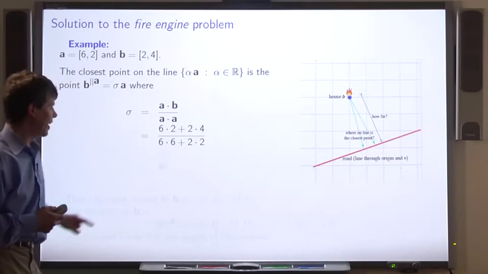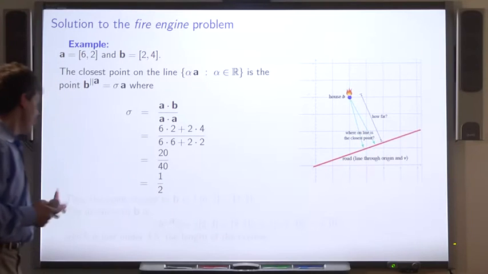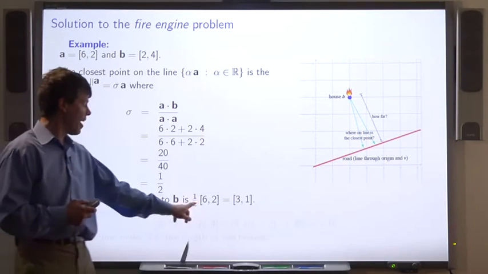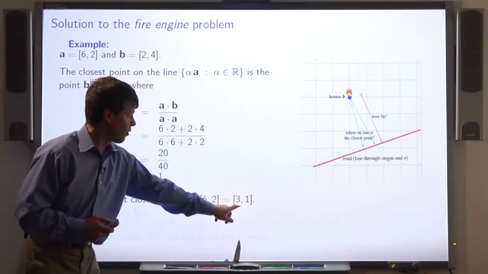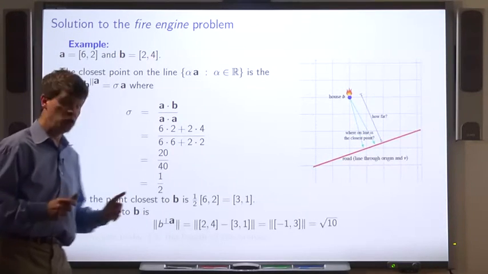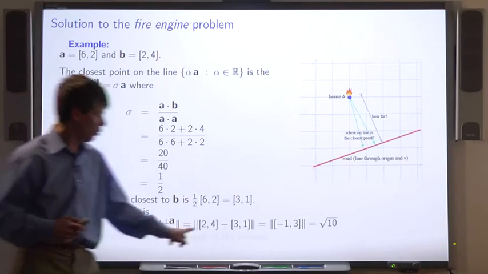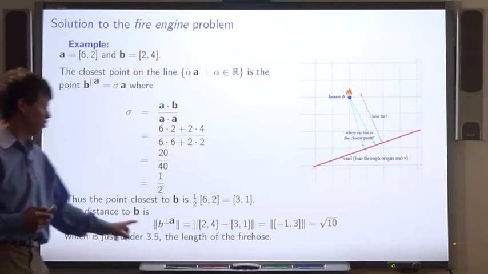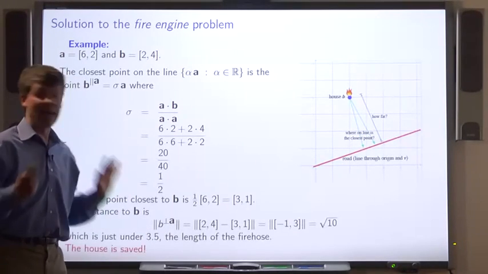We calculate that. It turns out to be 1/2. Therefore, the point closest to B is 1/2 times the vector A, which is 3, 1. And the distance to B is the norm of the projection of B orthogonal to A, which turns out to be square root of 10, which is just under 3.5, the length of the fire hose. The house is saved.